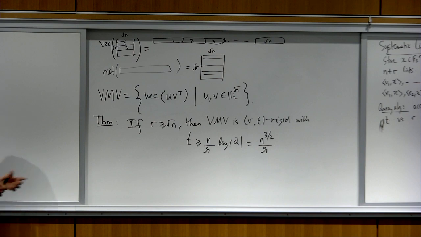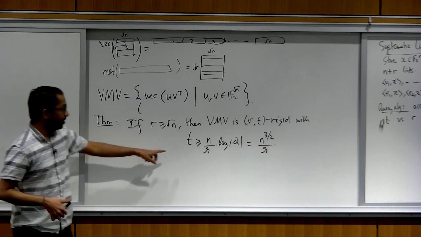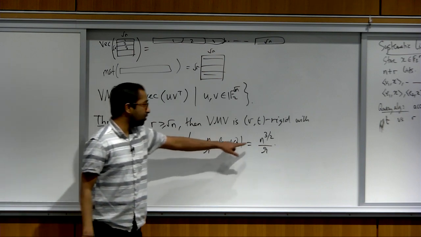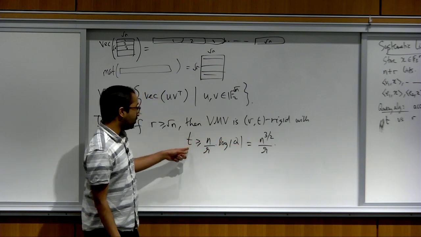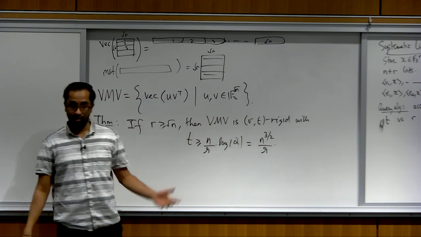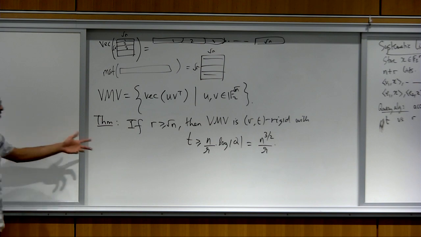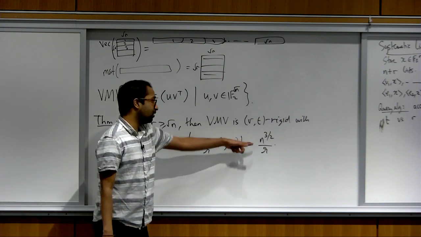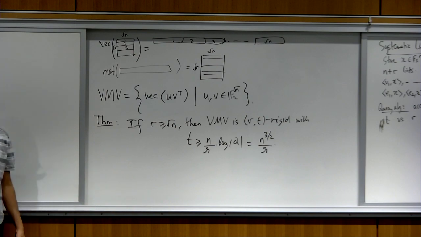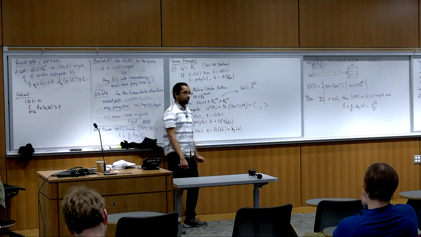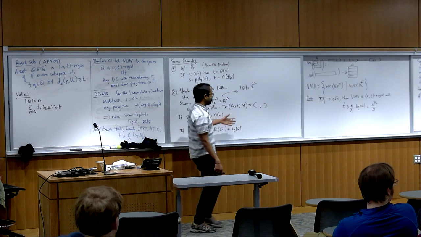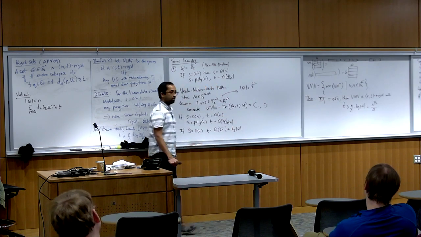Okay. For example, if you set r to be a constant times n, the distance parameter for rigidity is square root n. But if you set it to be very small, close to square root n, then you get omega n as the distance. So this exactly matches the old bound, the APY stuff.